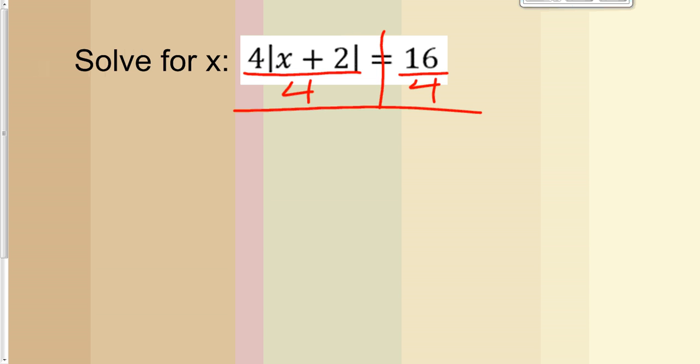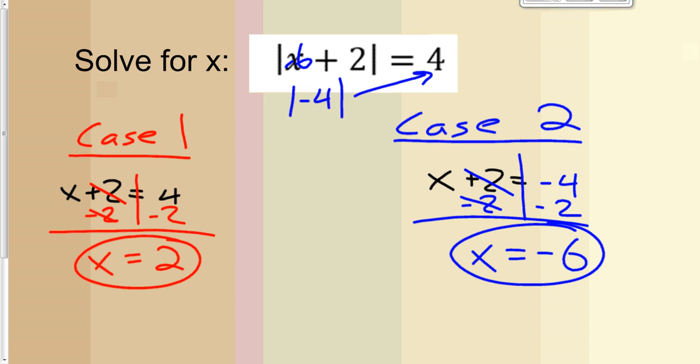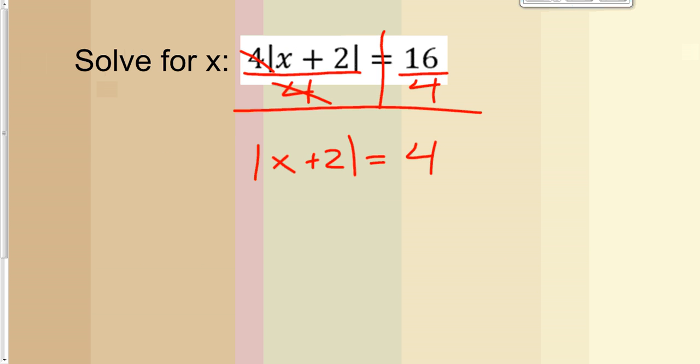And you're going to see that we get the absolute value of x plus 2 equals 4.